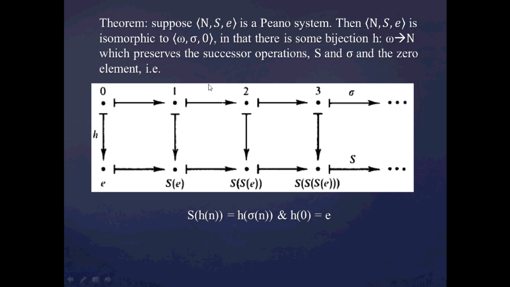And then the set omega is just going to be, as it always has, the set of natural numbers. And sigma is going to take elements between that set. And then S is going to take elements between this set.